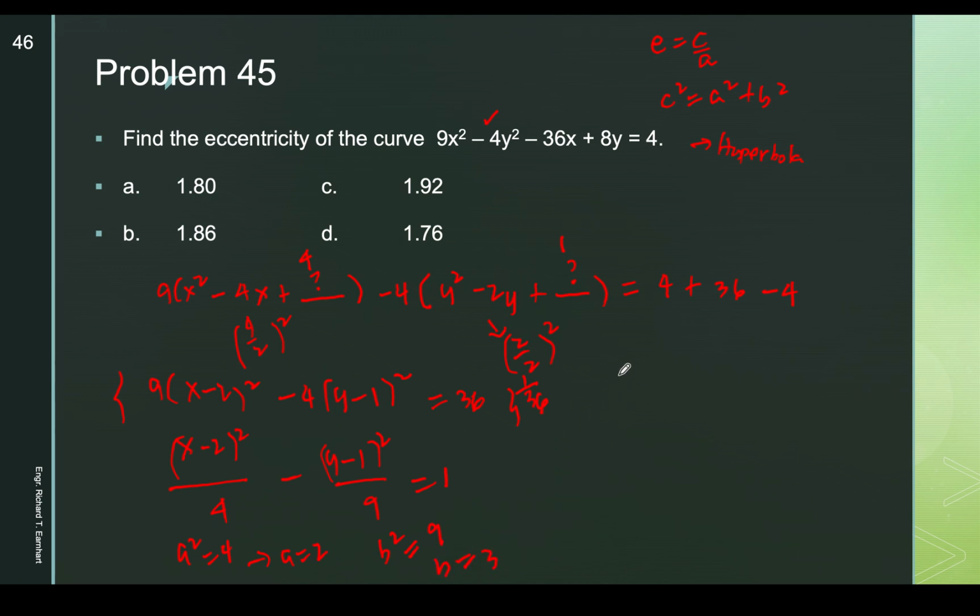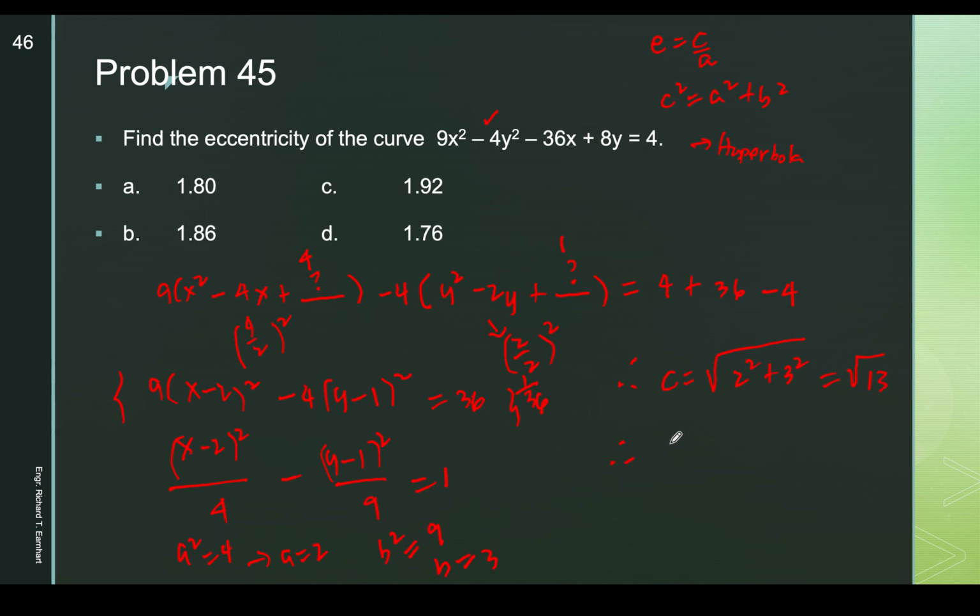Okay, and therefore c is equal to the square root of 2 squared plus 3 squared. So this is square root of 13, 4 plus 9.